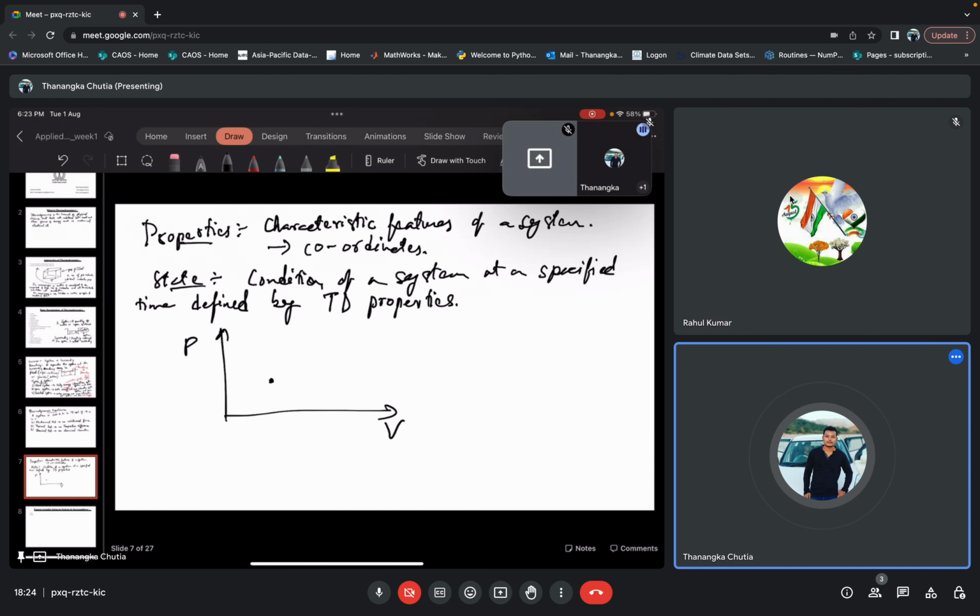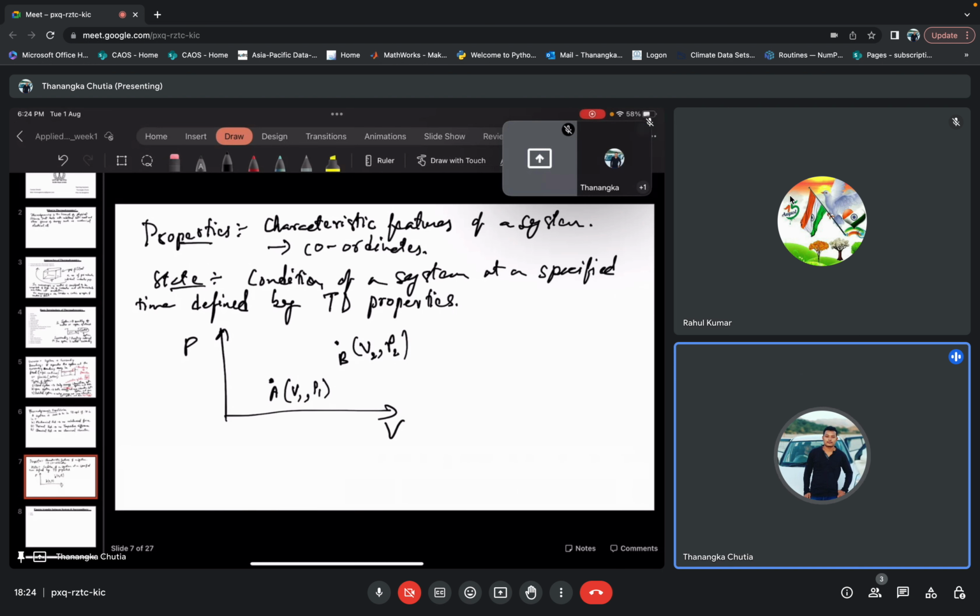Say this point is point A, so it will have x coordinate V1 and y coordinate P1. Another point is B, with x coordinate V2 and y coordinate P2.